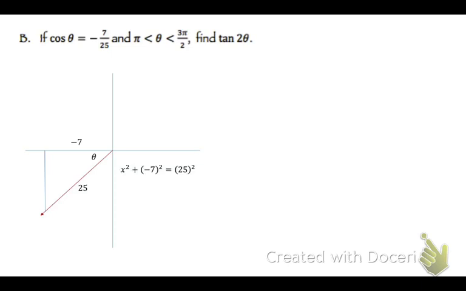Let's find the opposite side, so that's x squared plus negative 7 squared equals 25 squared. That's x squared plus 49 equals 625. X squared equals 576, so x equals 24. But that's negative 24 because we went down. That's why the quadrant matters, because that's a negative because we went down.